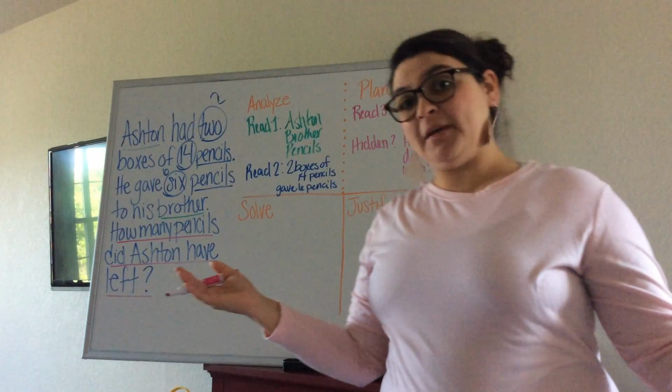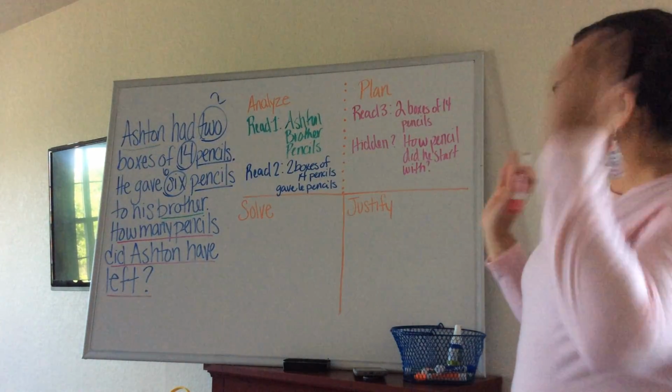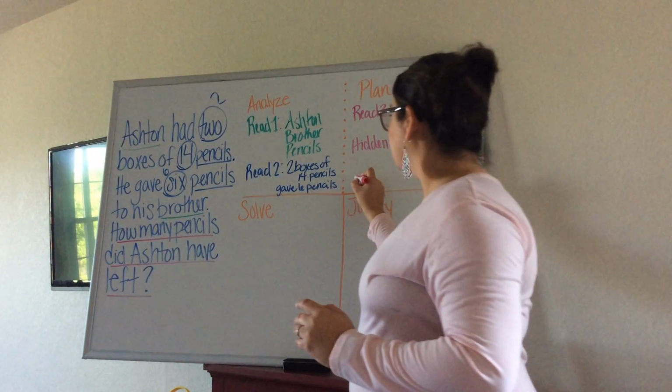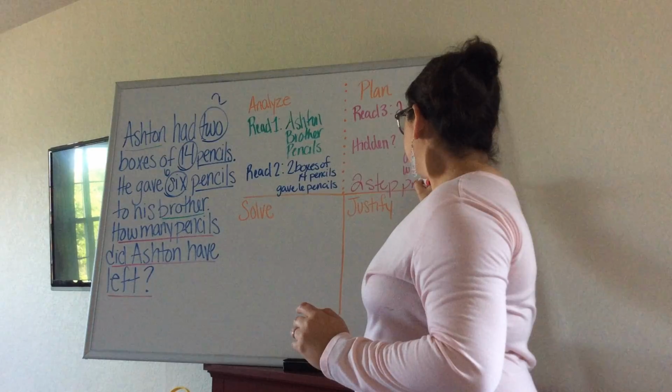If we don't know how many pencils he started with, how can we figure out how many he has left? So when we solve, we're going to have to think of this as a 2-step problem.